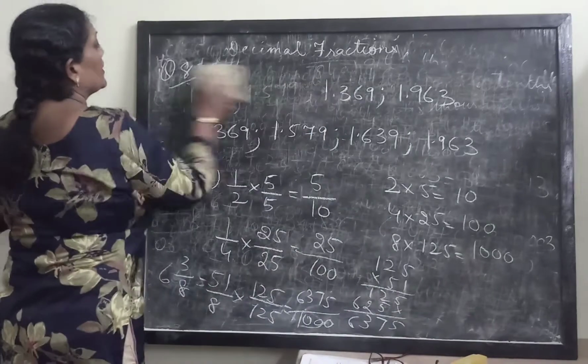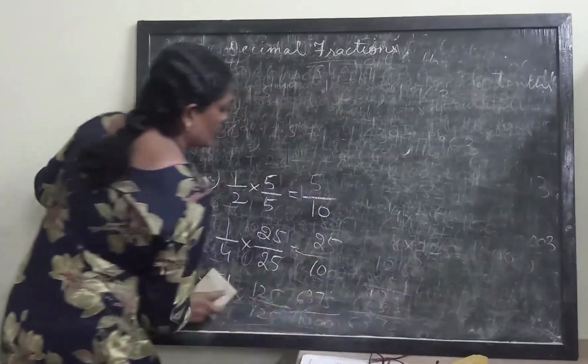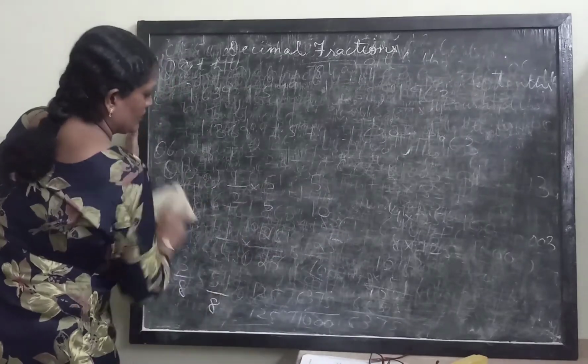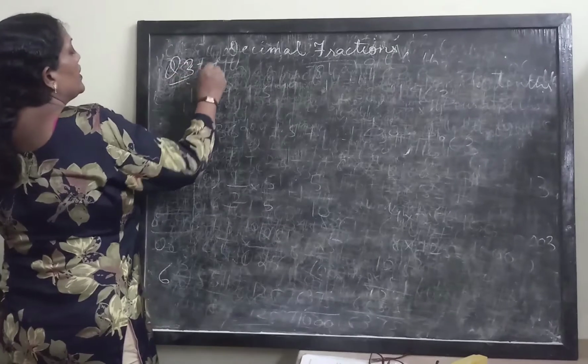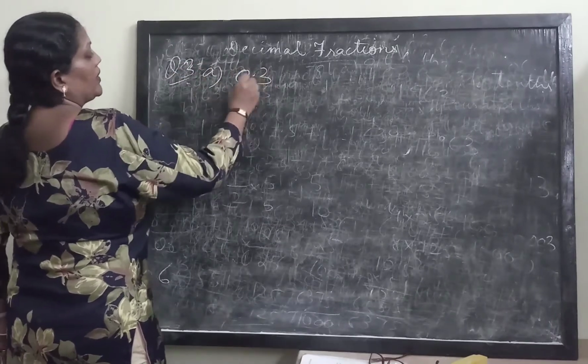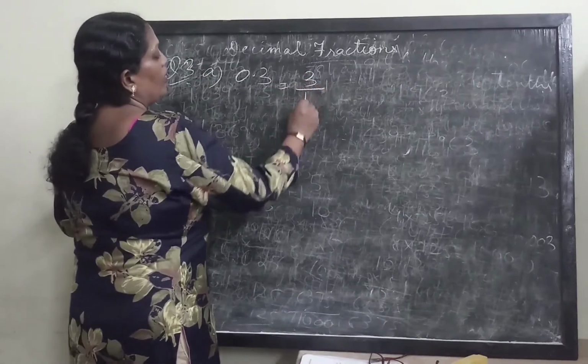0.3. See here. How many decimal part is there? After decimal you are having one digit, so it will become 3/10.